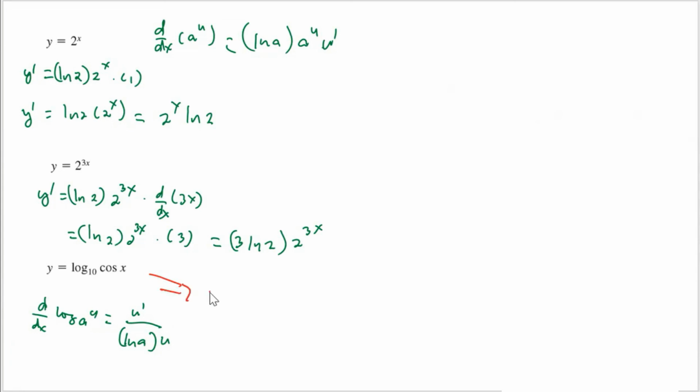So we have y prime equal to u prime. I can write first 1 over ln of the base, which now is 10, so ln of 10, times the value of u in our given, which is cosine x, times the derivative of the cosine x. If we take the derivative of that, that becomes the value of u prime.